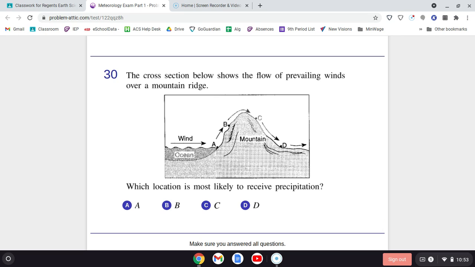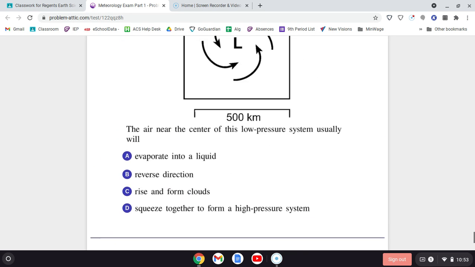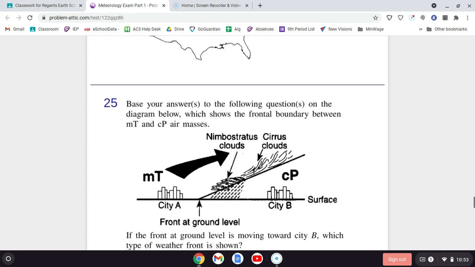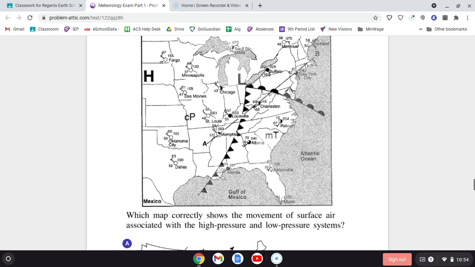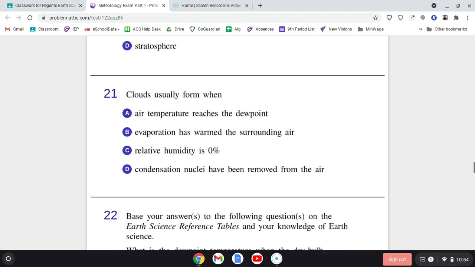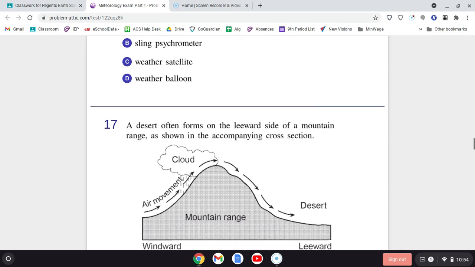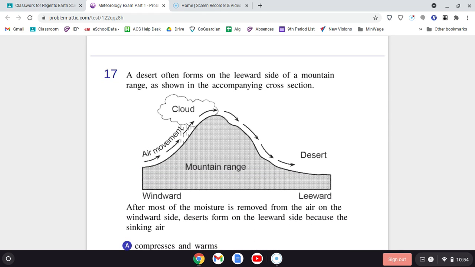We can get rid of D. So it's either A, B, or C. If you're unsure, I feel like there are pictures of that on this quiz somewhere showing where there would be precipitation. Actually, it's right on number 17 if you're unsure.